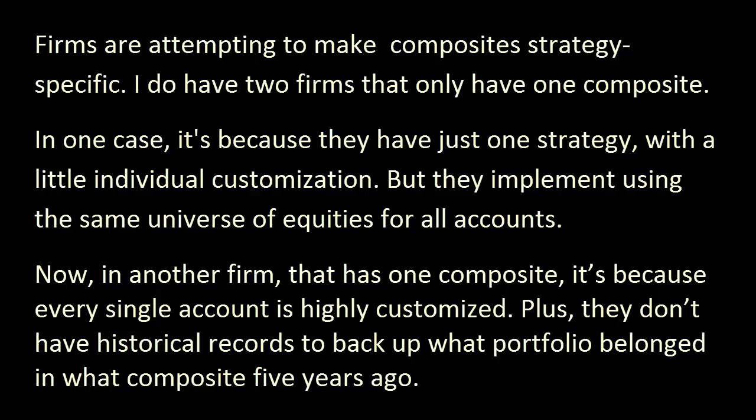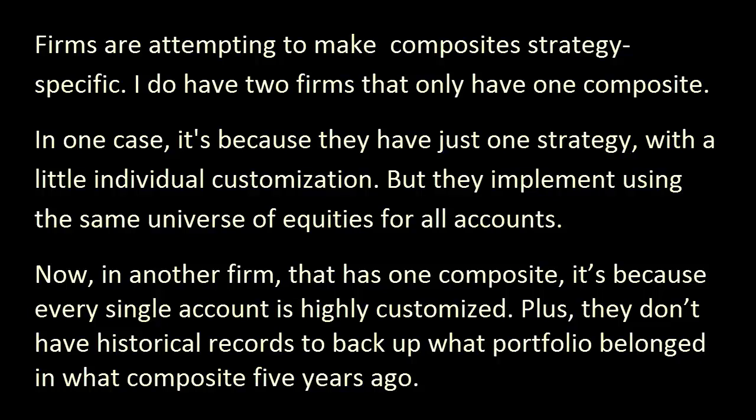I do have two firms that only have one composite. But in one case it actually is because the strategy is legitimate. They have one strategy they sell as a firm, with a little bit of tweaks for individual customization, but overall it's still the same strategy. They use the same universe of equities and selection across all accounts.